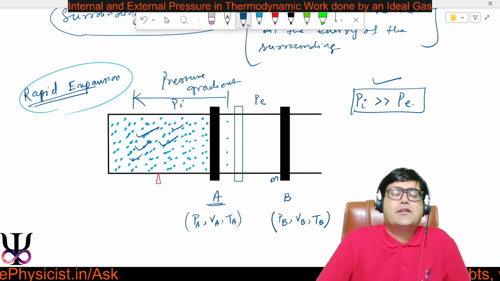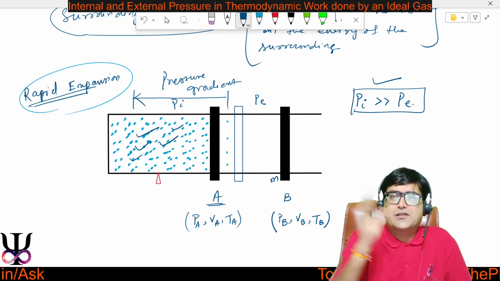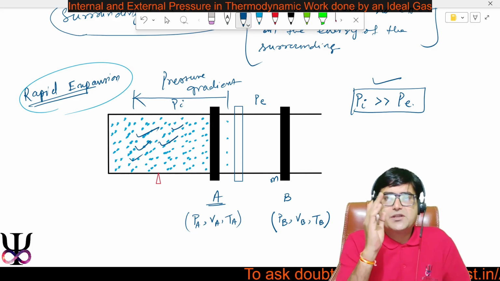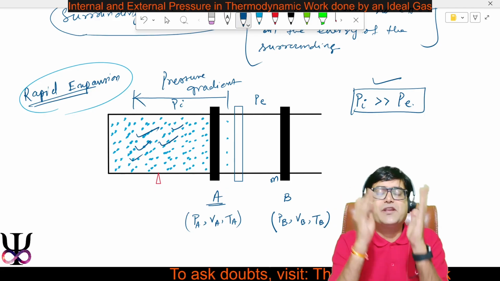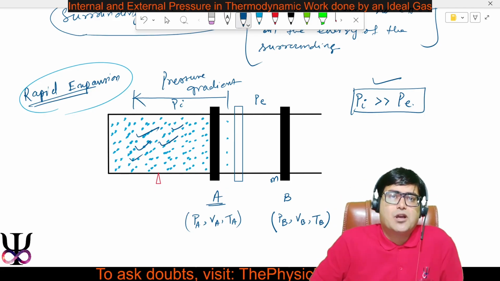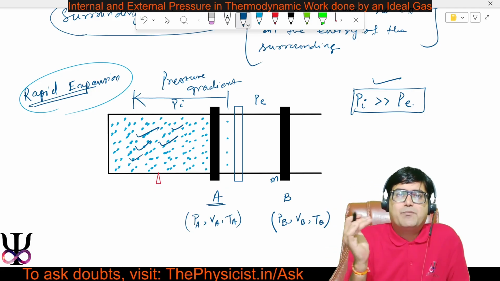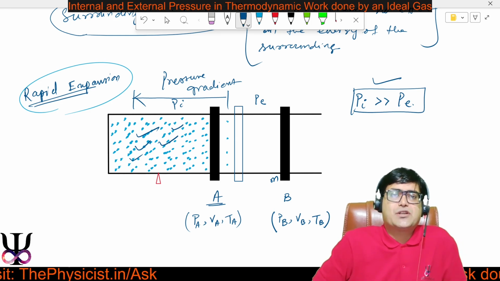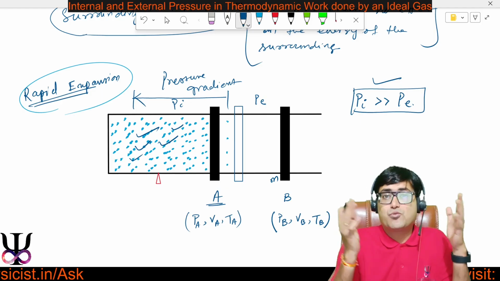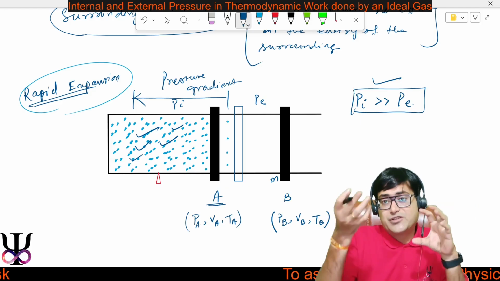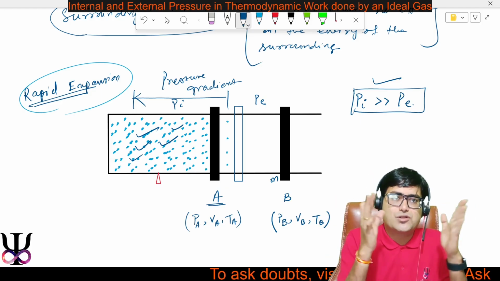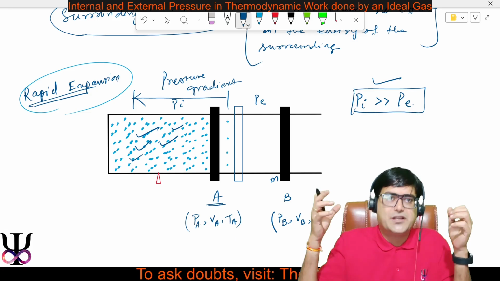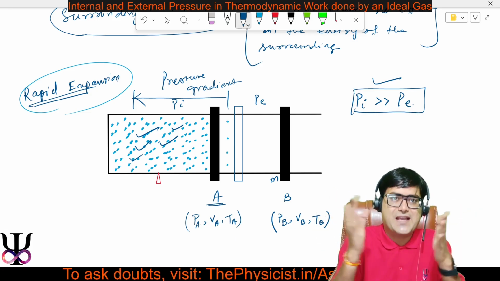The moment the piston moves, there would be a rapid expansion near the piston. However, as you keep moving to the left, far from the piston, the pressure distribution wouldn't have changed that fast, because gas particles are not tightly held with each other. There is some gap. That's why gas is compressible.